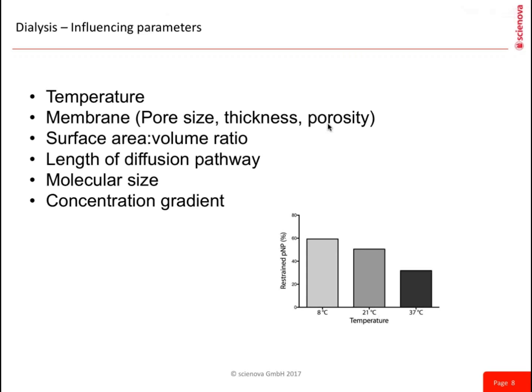Bigger molecules diffuse slower than smaller ones, and one important parameter is the concentration gradient between sample and buffer. By changing the buffer you can keep a high concentration gradient, which is necessary for a high dialysis speed and a complete removal of the contaminants too.